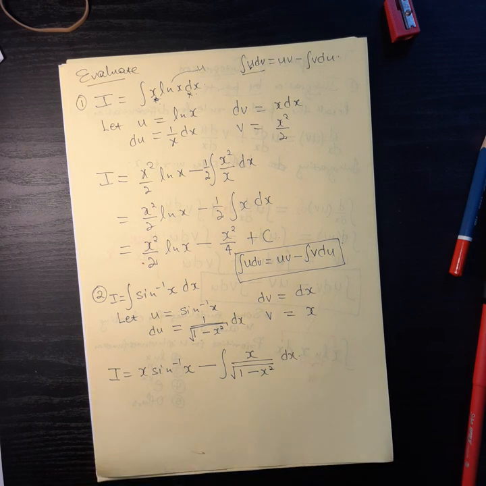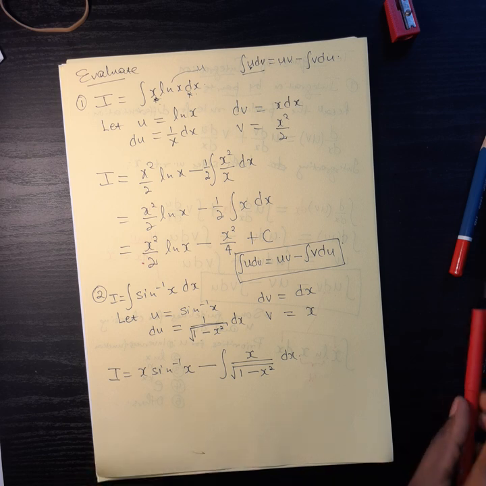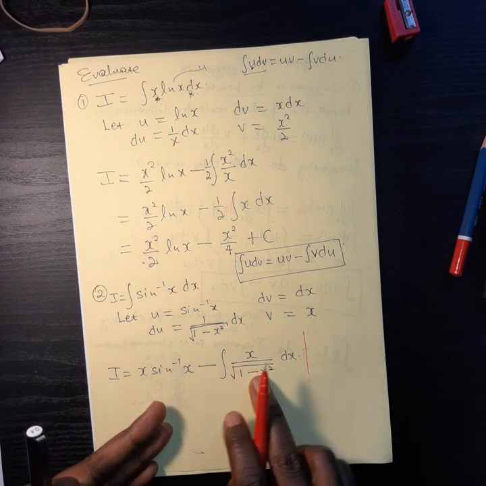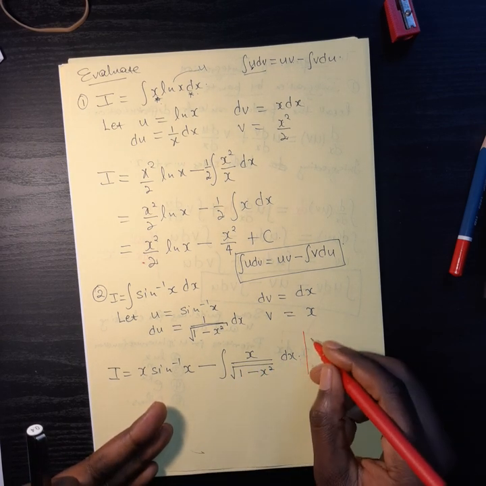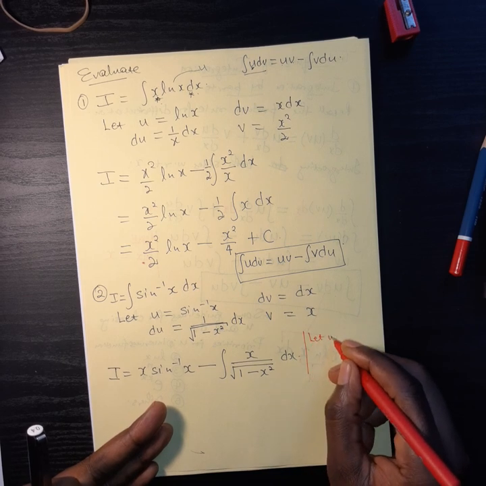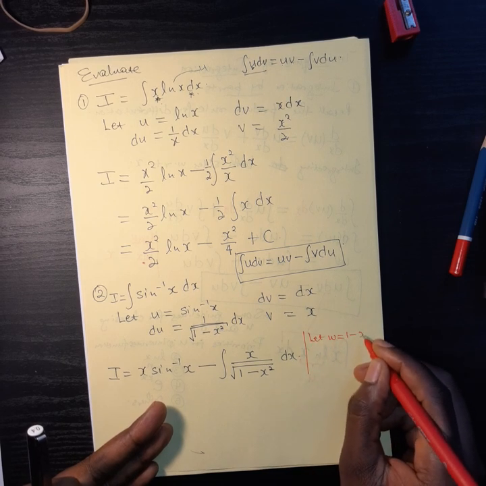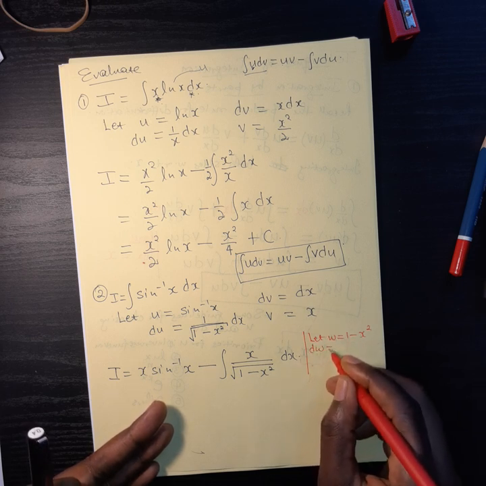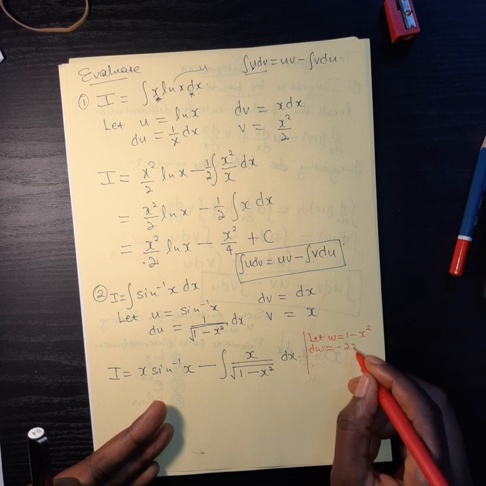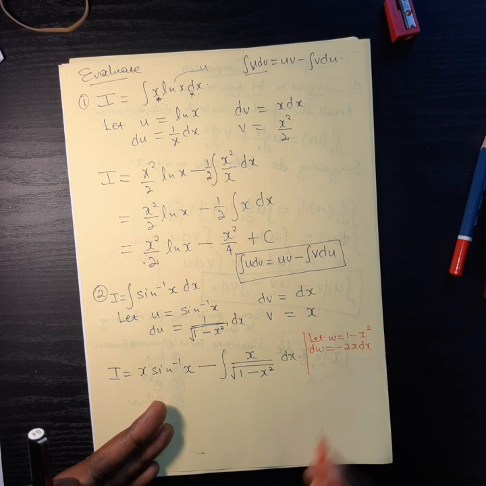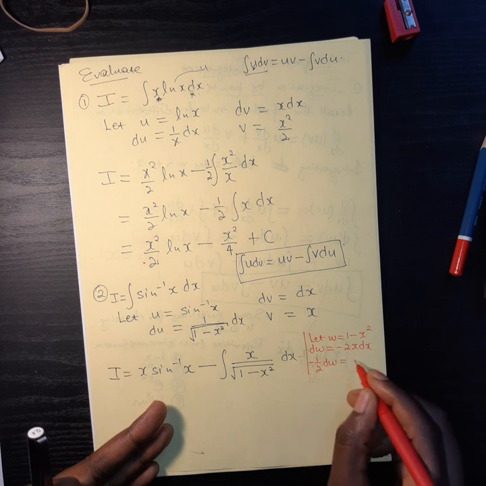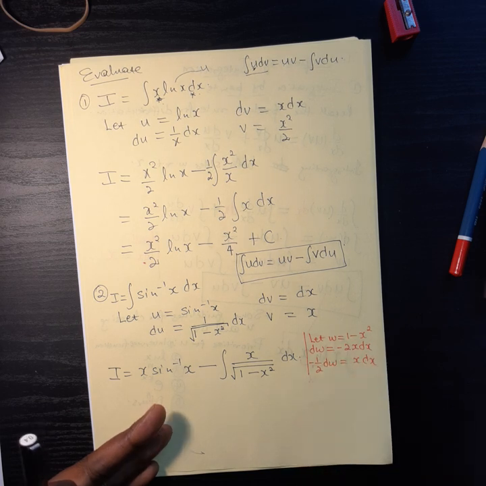All right. So we may recall that if you have something like this, you can let, say, w equal to 1 minus x squared, so that dw will be equal to minus 2x dx, which tells us that minus 1 over 2 dw equal to x dx, isn't it?